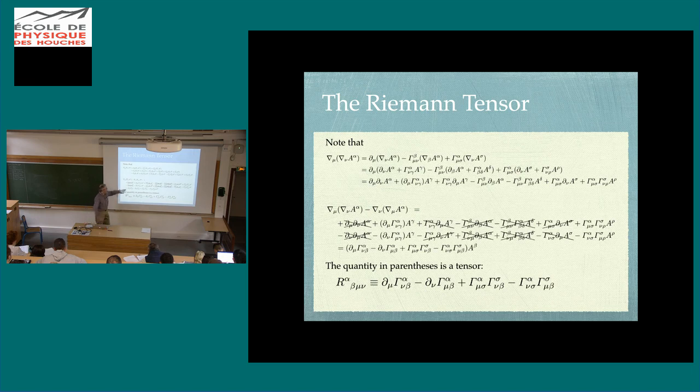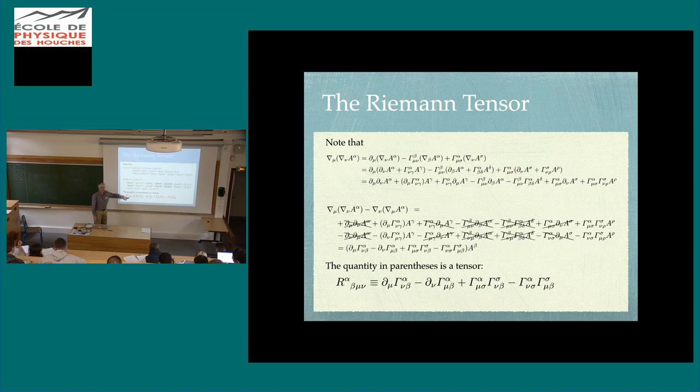And since this is a tensor quantity and this is a tensor quantity, this whole thing had better be a tensor quantity. And that tensor quantity is called the Riemann tensor. Okay, and this is a pretty horrible tensor quantity.